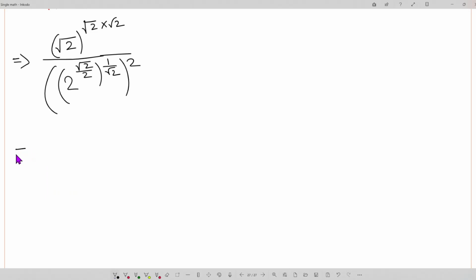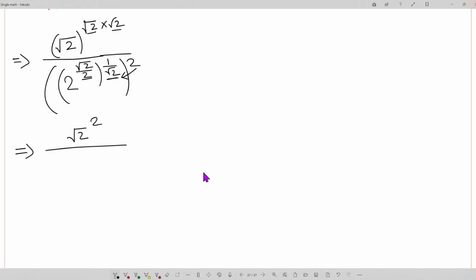Now, root 2 to the power root 2 times root 2 will be only 2. And this one, look, root 2 by 2 can be multiplied with 1 by root 2, right? And also we can multiply this one also.